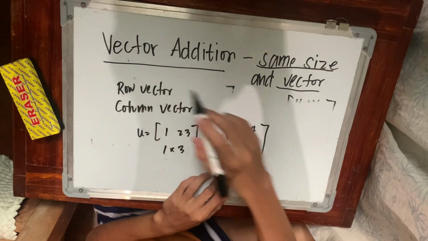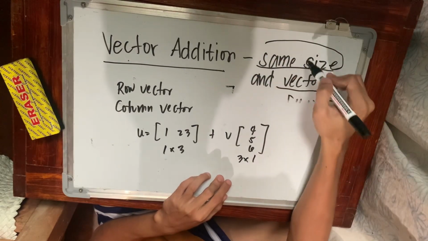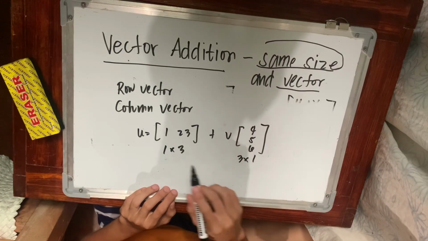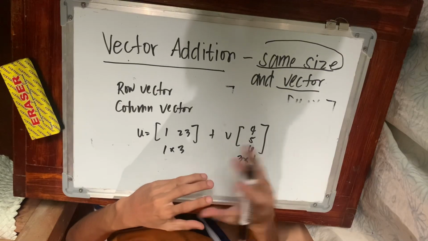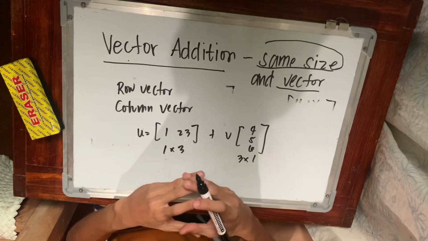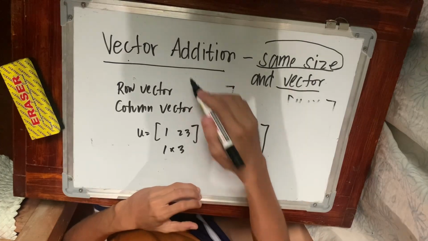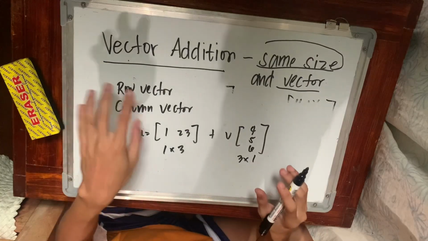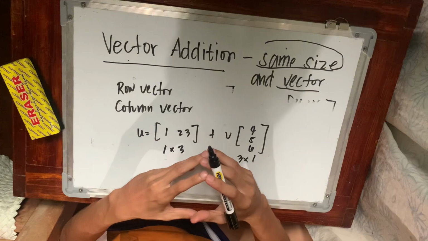By the definition, they must have the same size. In this case, the two vectors are not the same size, so we cannot proceed with vector addition. Again, vector addition only works for vectors of the same size.